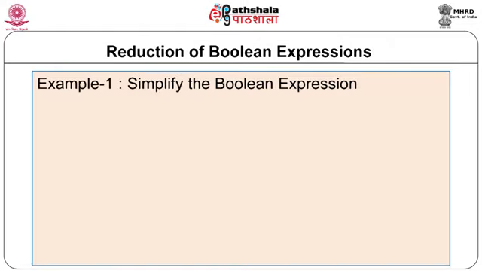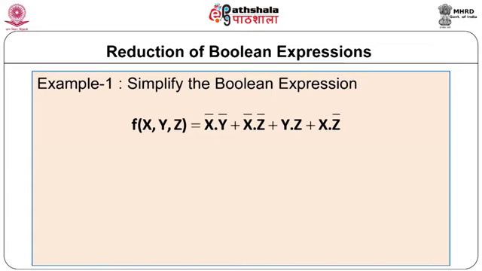Let us now apply Boolean algebra to simplify some of the Boolean expressions. Example number 1, let us simplify the following expression. In this expression, we have 3 variables x, y, z, which are given below. Now, let us take z bar common from the second and fourth term.